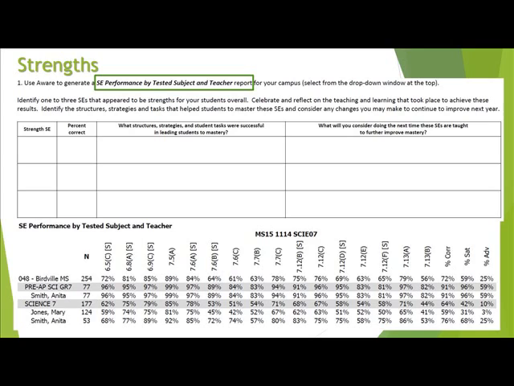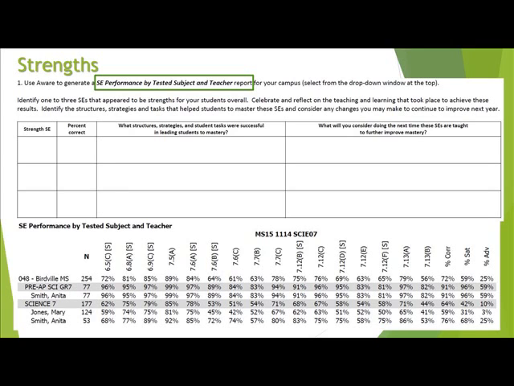Next, we will walk through the various steps in the protocol. Step 1 asks teachers to determine which student expectations appear to be strengths for students. Note that the Aware report to be used is indicated in the directions. The bottom of the screen shows an example of what this report may look like. You will note that performance is shown at the campus, course, and teacher level.